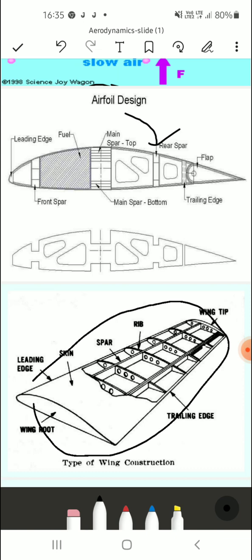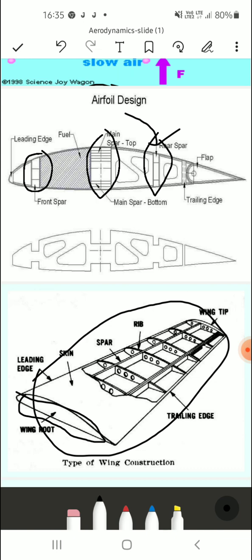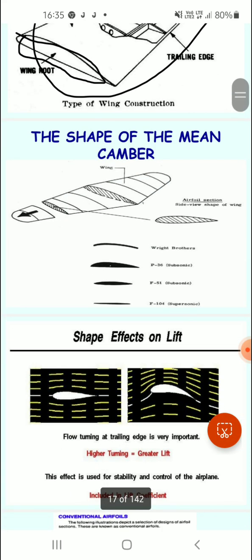This is the wing, and this is the part where the airfoil is basically described. See, this is the front spar, this is the rear spar, this is the main spar. These are the parts, and these are the airfoils. You may say the side shape view of an airplane or aeroplane wing is the airfoil.